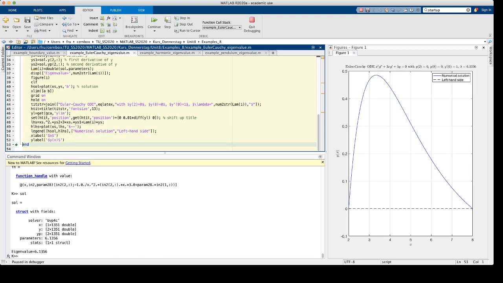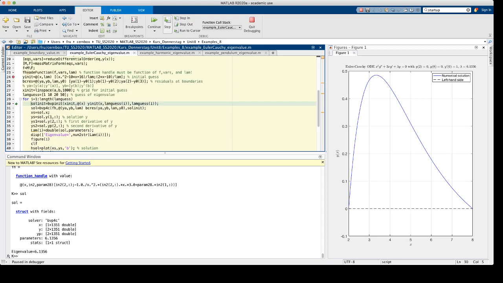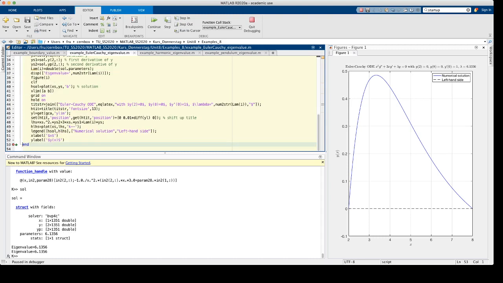Now let's try our next guess. Let me put a breakpoint here so we can skip the entire loop and just have a look at the results. Our next guess is 10, so let's look for a solution with this guess, and we find the same one. We again find the eigenfunction to the eigenvalue 6.1356.